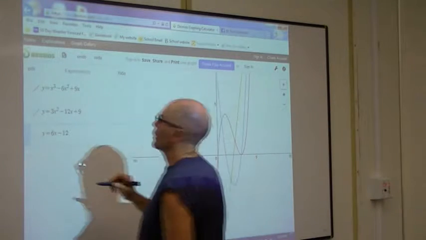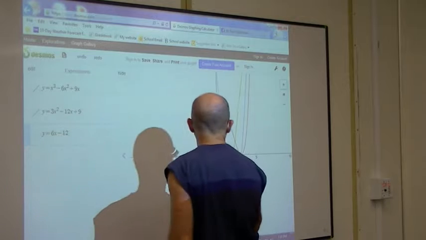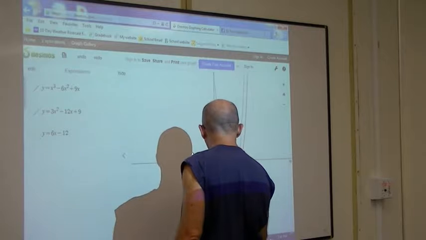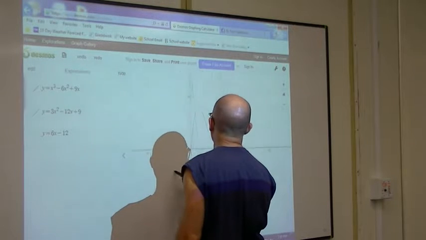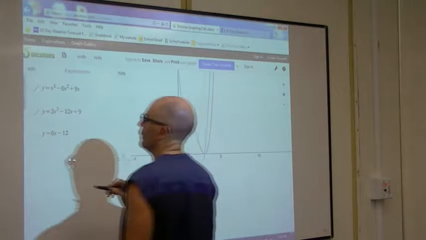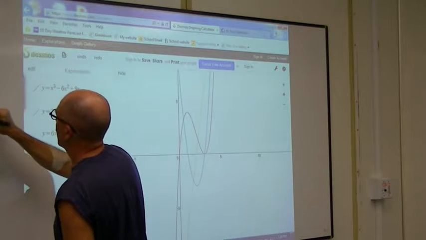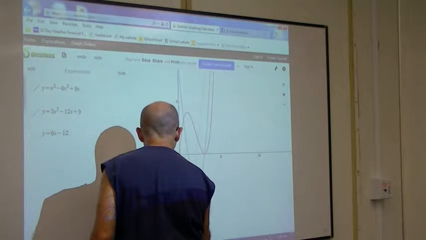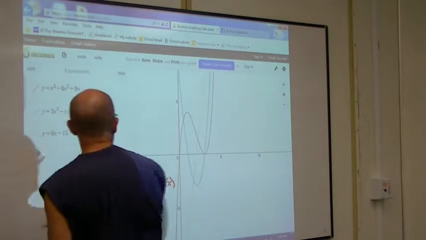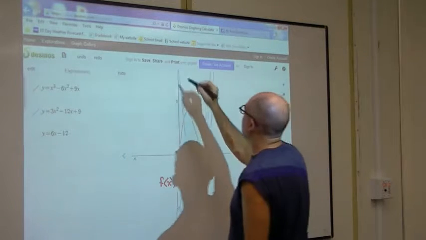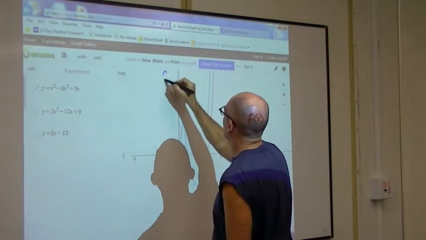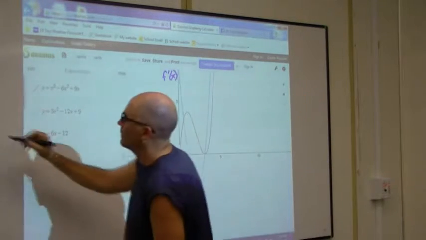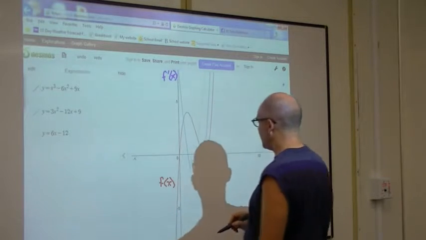So let's just move this over here. Okay, so red is f of x, blue is f prime of x, and the green is f double prime of x.